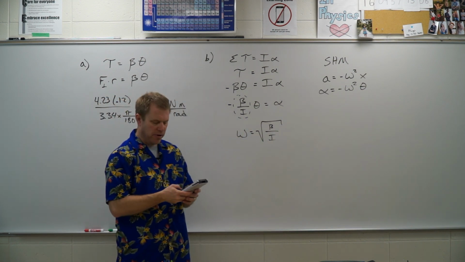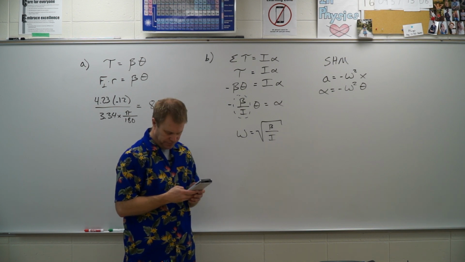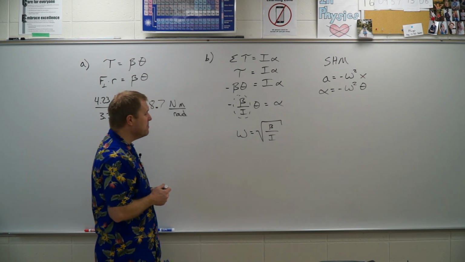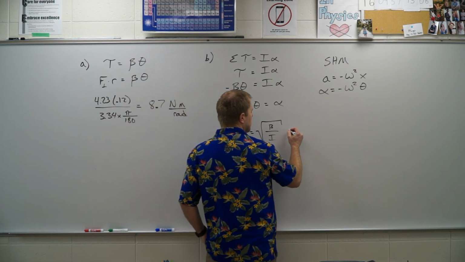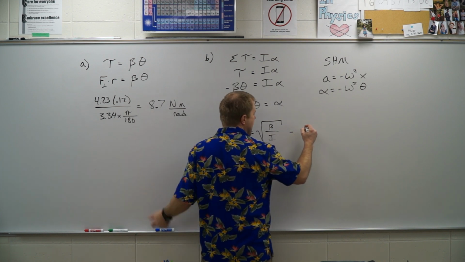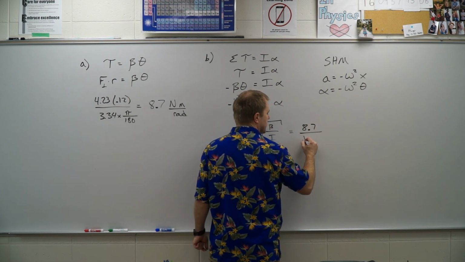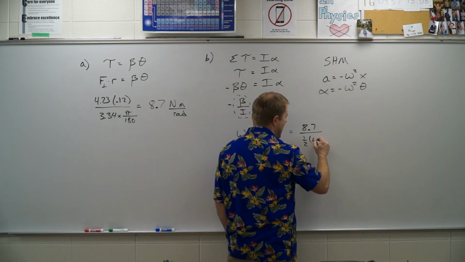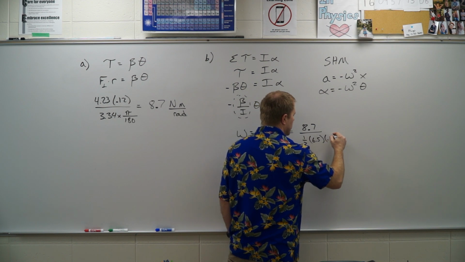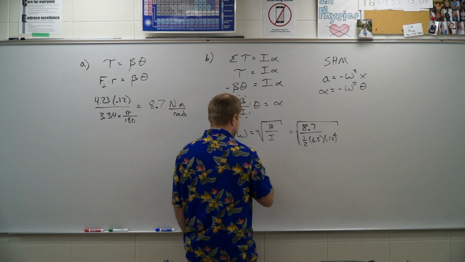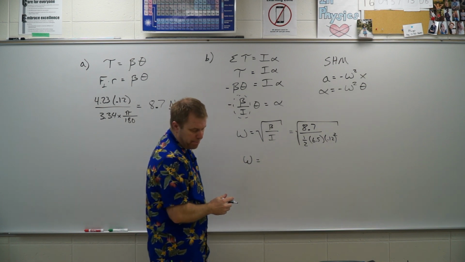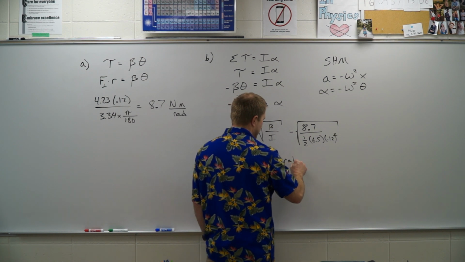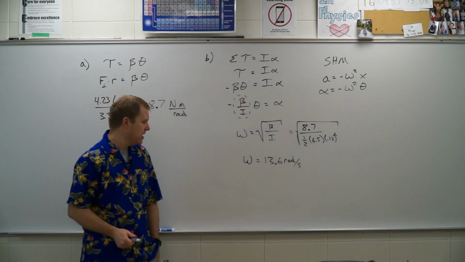Let me type those in quick for you. We get 13.6. Let me show you what we typed in. We put in the 8.7. This was a disk, so I have 1/2 times the mass, 6.5, times the radius 0.12 squared, all square rooted, and so my omega comes out to be 13.6 radians per second, our angular frequency.